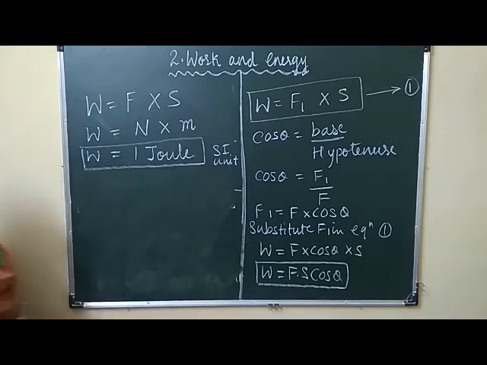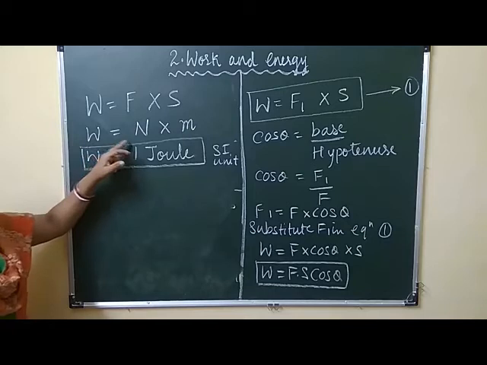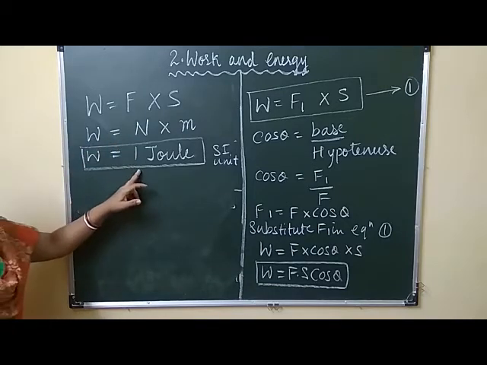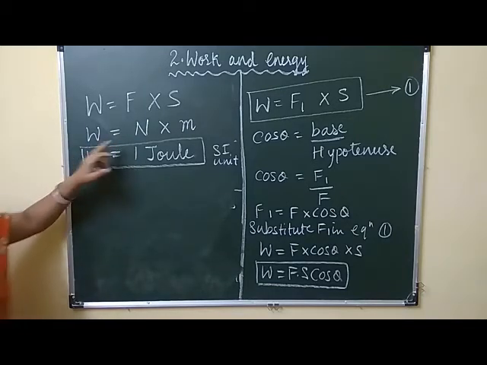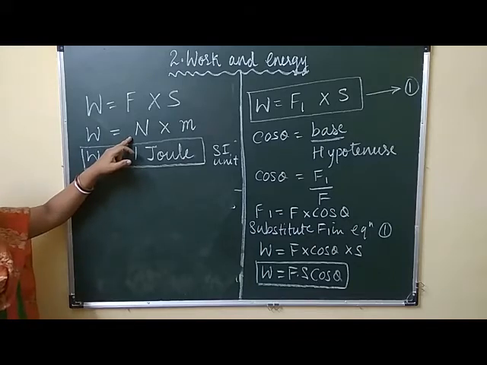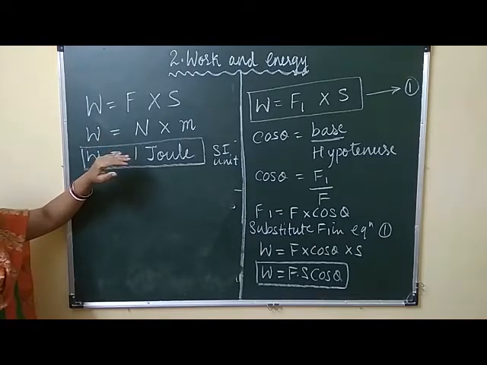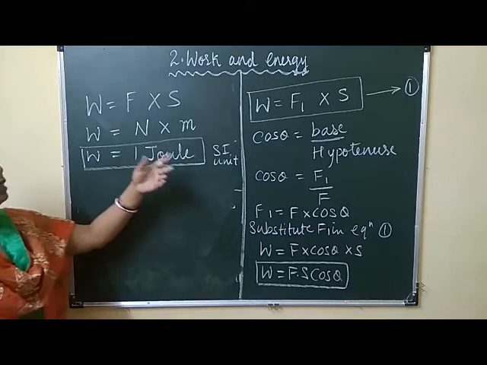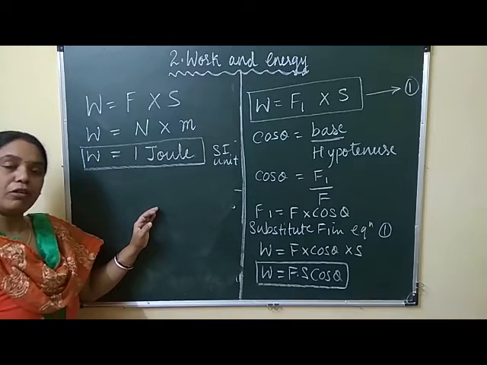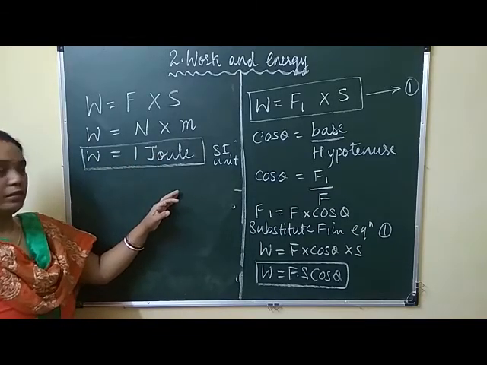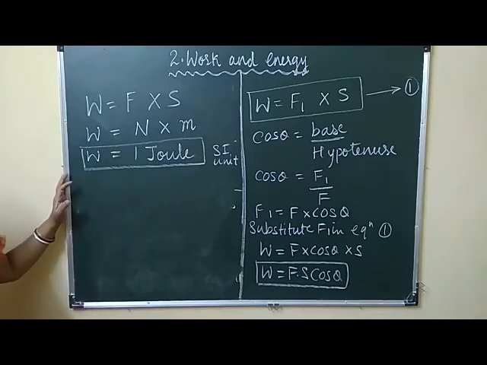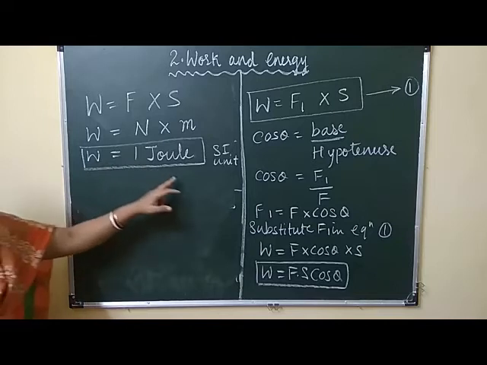work done. Okay, the definition of 1 joule is: when force applied on an object is 1 Newton and makes the displacement of the object 1 meter in the direction of the applied force, then the work done is 1 joule.